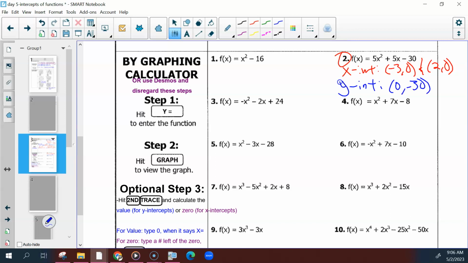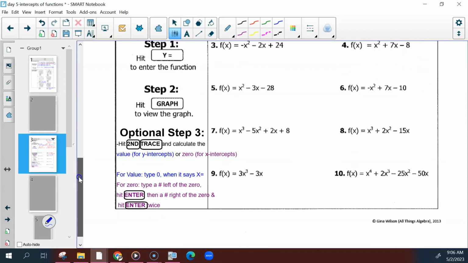But this works the same, so I really could have just looked here to find that for the y-intercept. Any others we want to find in the calculator from this section? Okay, cool. Go ahead and type that into your calculator.